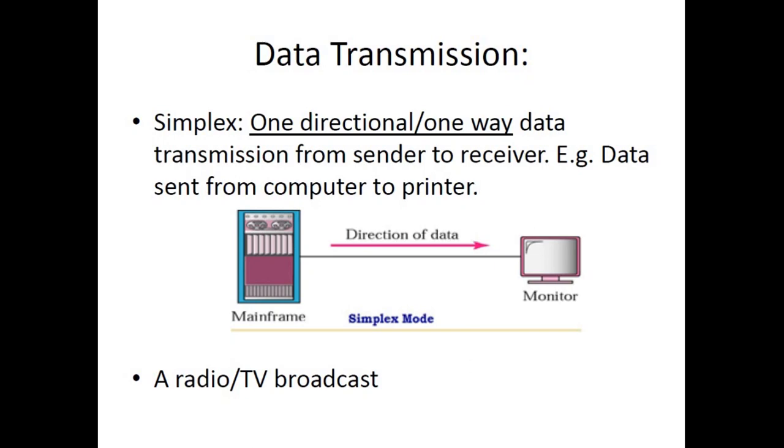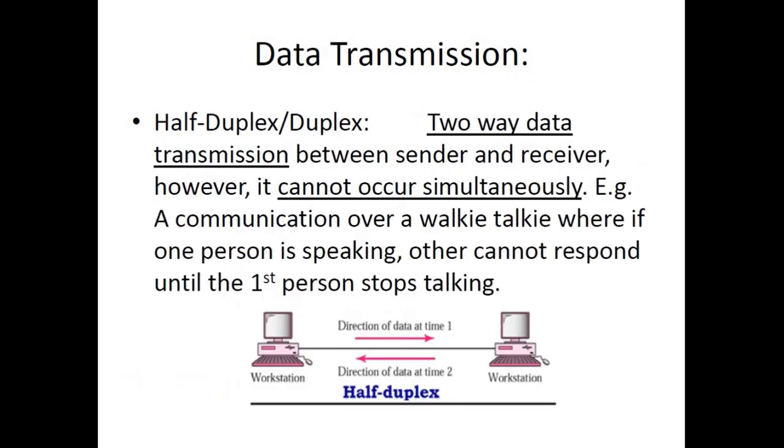The next one which we have is half duplex or duplex. It has two names. Sometimes the examiner calls it half duplex, sometimes the examiner calls it duplex. It is the two-way data transmission between a sender and receiver, but it cannot occur simultaneously. For example, when one guy is sending a message or speaking, the other cannot.